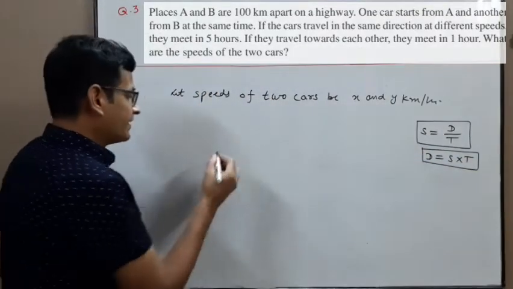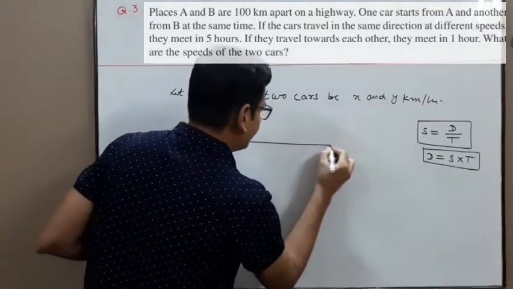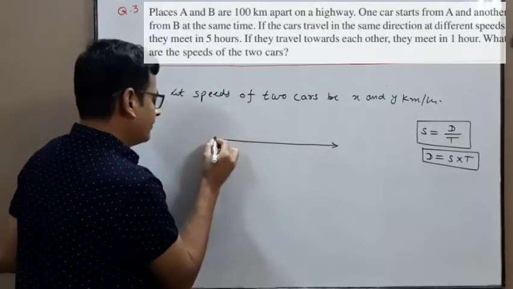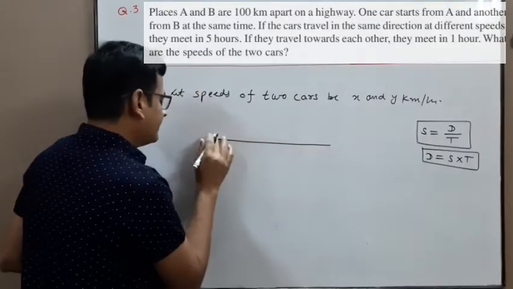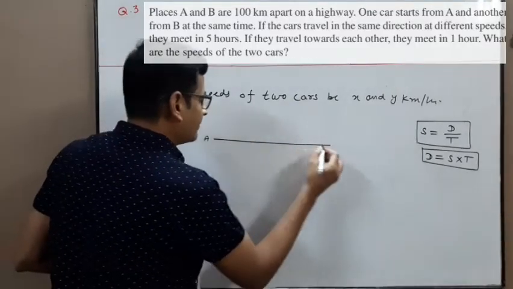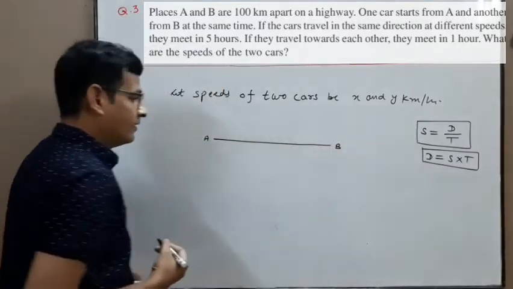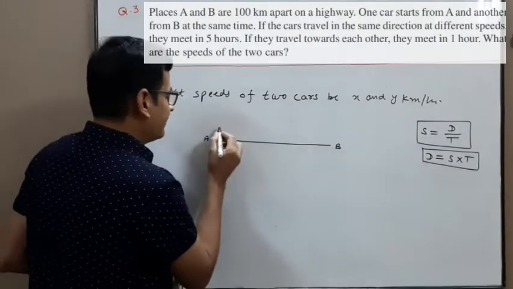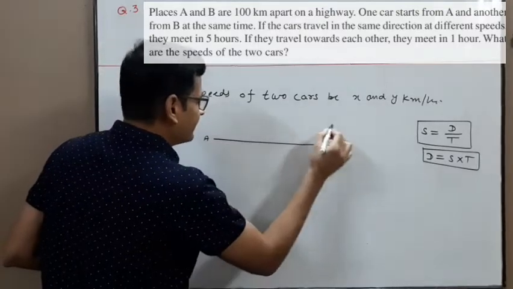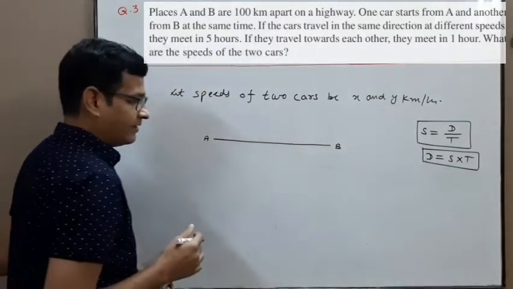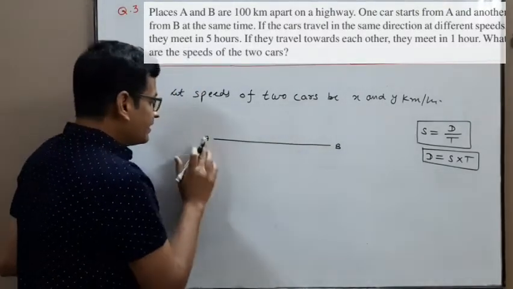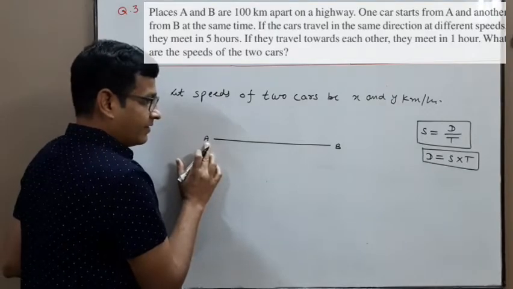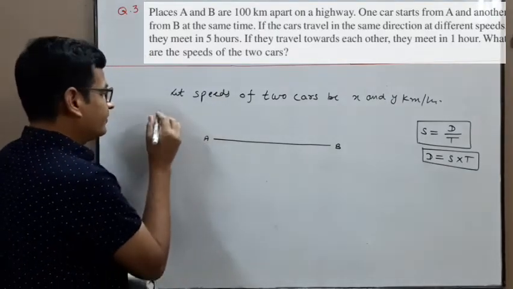Now there are two places, place A and place B. If both cars travel in the same direction, it means A travels in that direction and B also in that direction. Speed of car A is x. So case first.